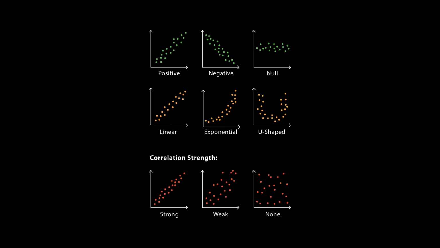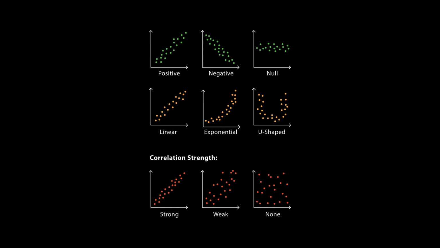So here's a diagram of the various shapes and patterns that can occur in a scatter plot, and this can help you read and understand how they work. These include positive correlation, which is displayed when values increase together. Or you can have negative correlation, when one value decreases and the other increases.